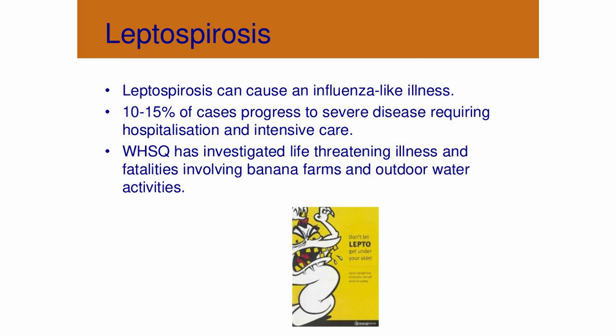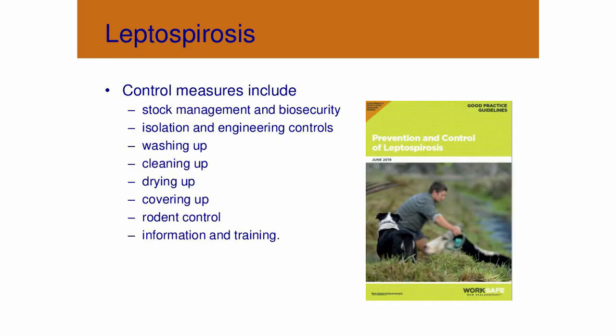So control measures for leptospirosis include things like stock management and biosecurity to prevent the introduction and spread of infection at properties. That includes placing newly acquired livestock into quarantine, vaccinating livestock, although this doesn't protect against all serovars, keeping cattle and pigs separate to prevent the cattle being infected with pig serovars and vice versa, feral pig control, and veterinary management of the animals.